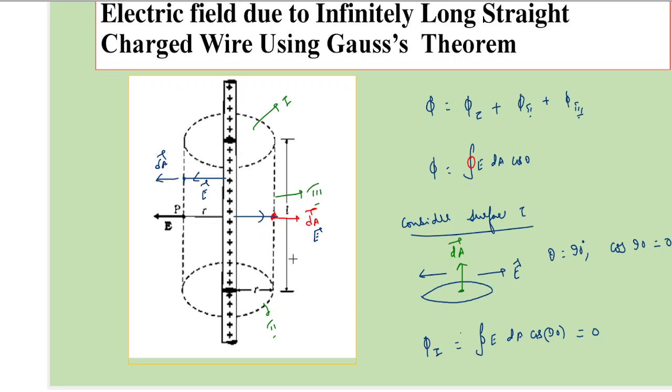With a similar argument, we can say that if we take any small area on the curved part of the cylinder, for every small area, the angle between the electric field and area vector would be 0. And also the distance between the wire and the cylinder, which is taken as r, is the same.